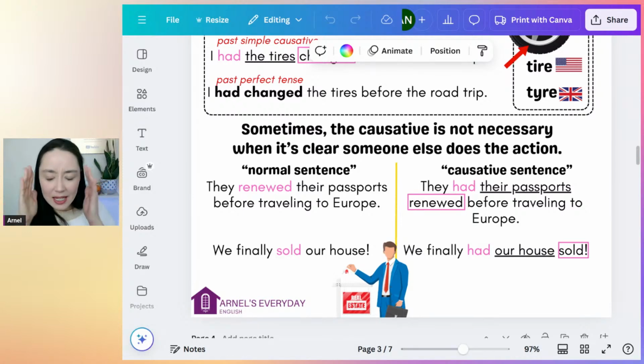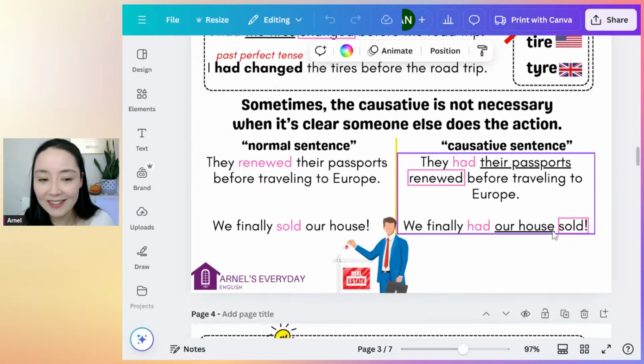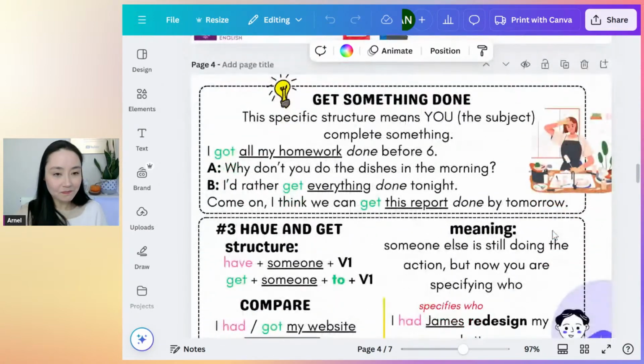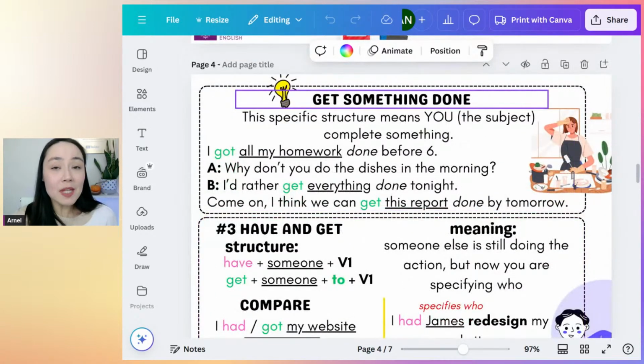And in this lesson, if you feel confused, you're not really sure, always go back to the beginning and just rewatch it again and again, looking at those structures. So get something done. And this is a bit of an exception.